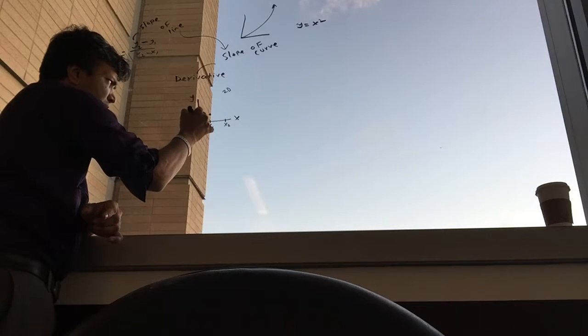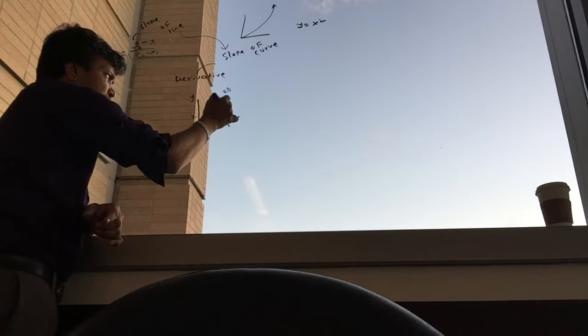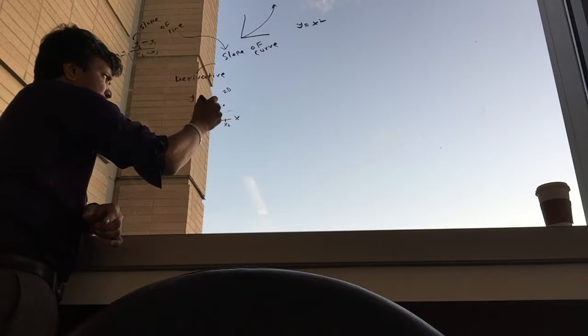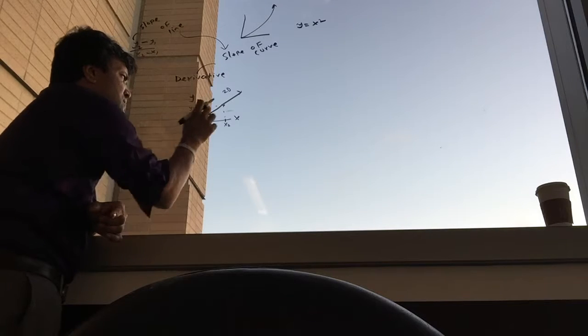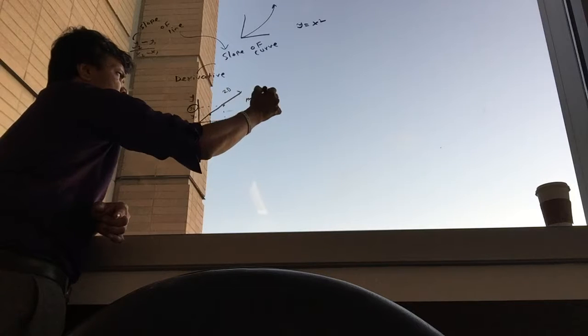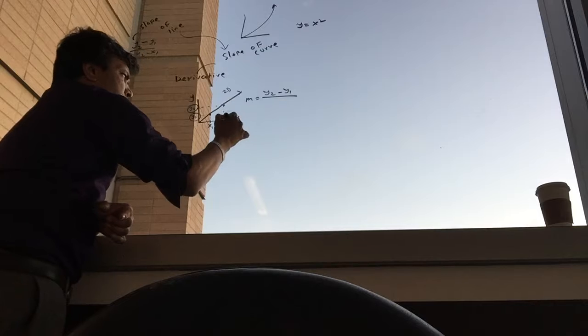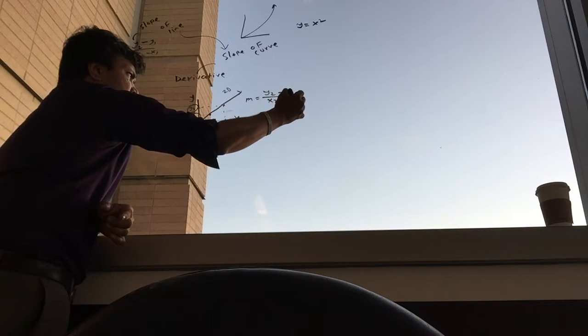So this x1, y1 makes 1 point, and x2, y2 make another point. Okay, so we connect these 2 points. This is a 45-degree line, and the slope of this line is equal to (y2 minus y1) over (x2 minus x1). Okay, very good.